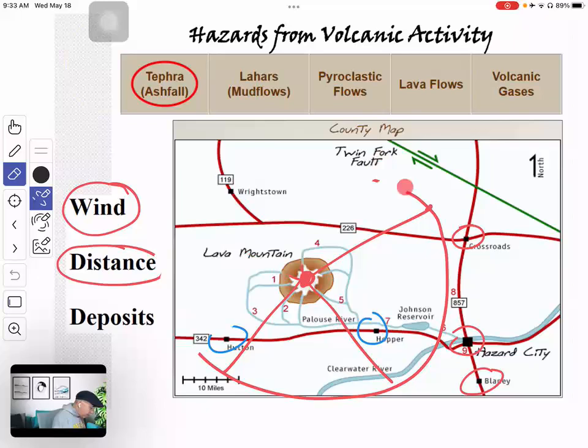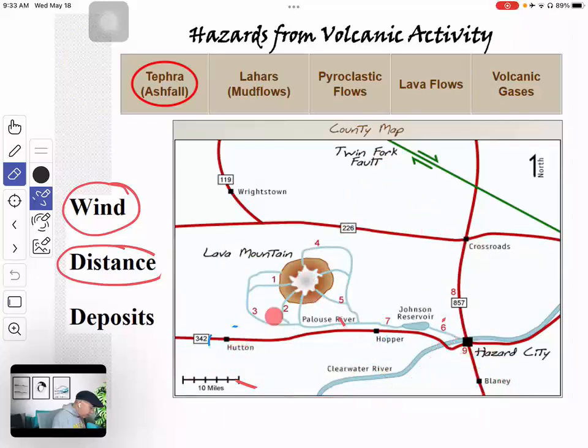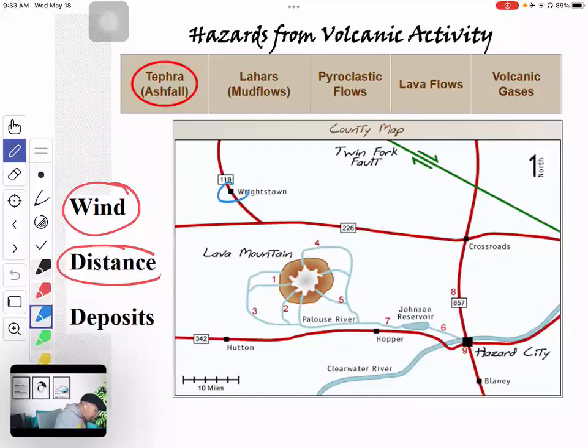Okay, so now that you have that information, you can start making your assessment. You're going to look, for example, at Wrightstown. So you can start with Wrightstown over here.